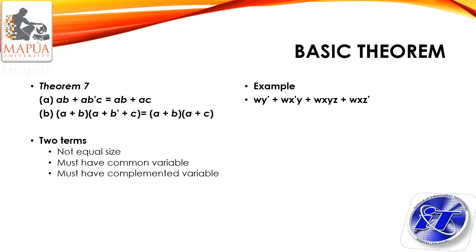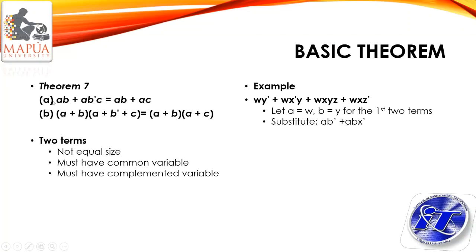Wy naught plus Wx naught y plus Wxyz plus Wxz naught. Let's start with the first two terms. Let A is equal to W, B is equal to Y. Substitute, we have this equation: AB naught plus ABX naught.